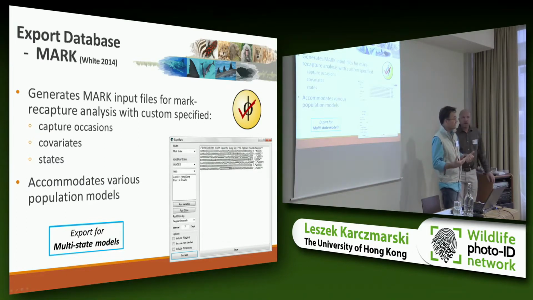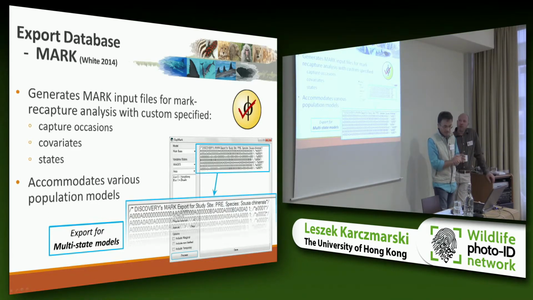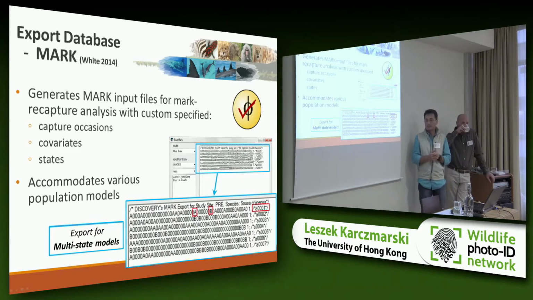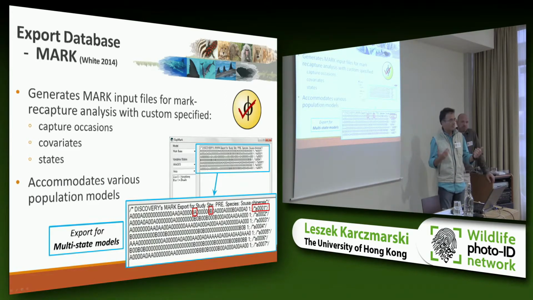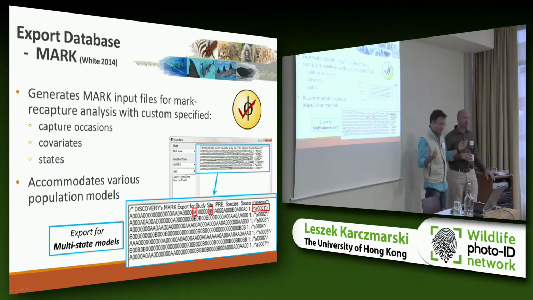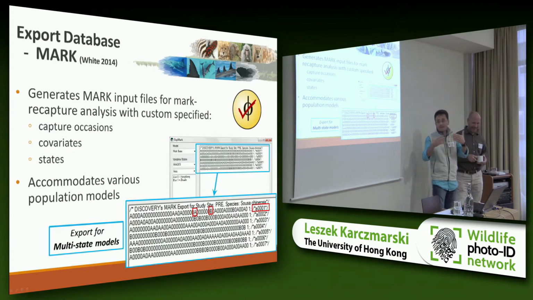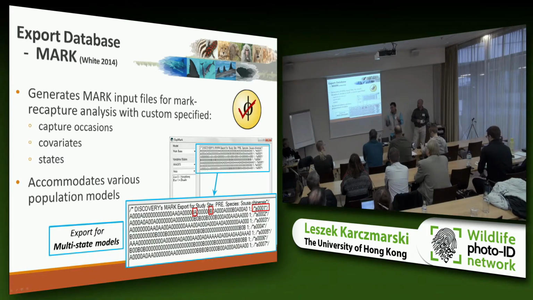You can also generate things for multi-state models, where you replace the 0-1 matrix with states, in this case A and B, which could be reproductive stage, study site, breeding versus non-breeding sites, foraging sites, and so on. So you can actually make a basic Mark capture-recapture analysis.